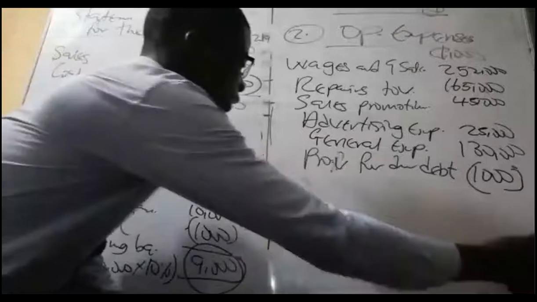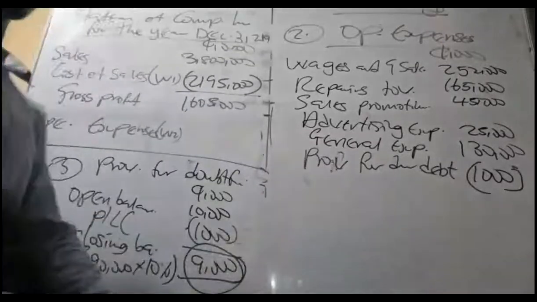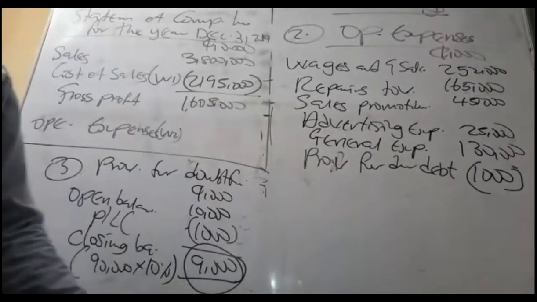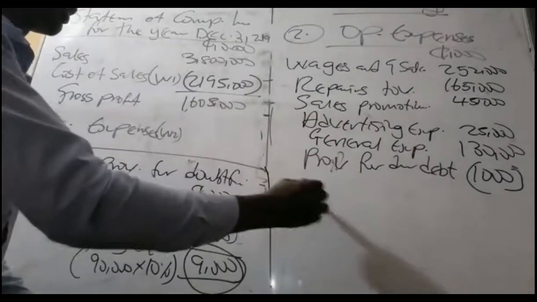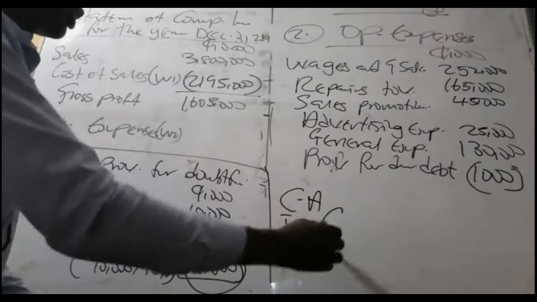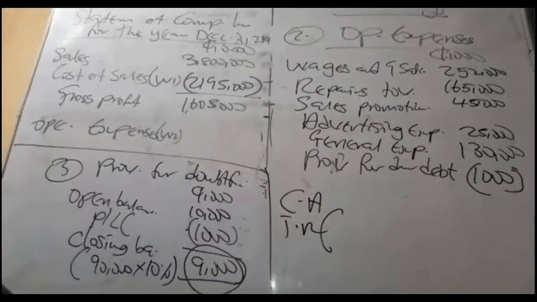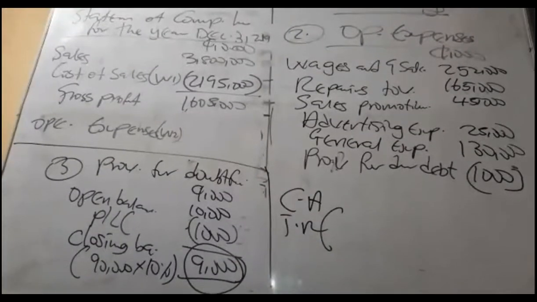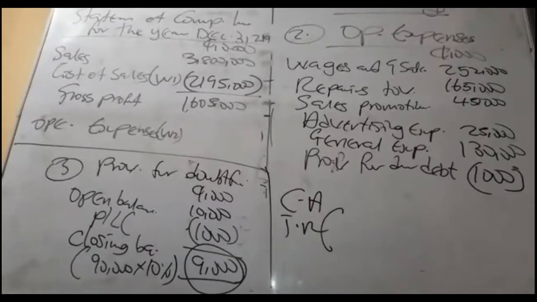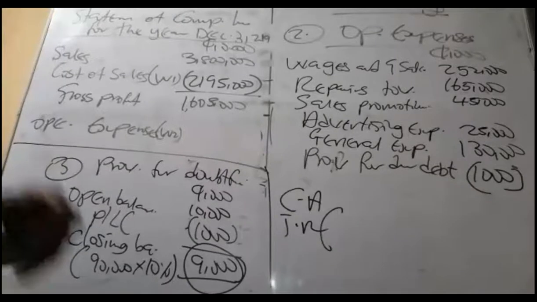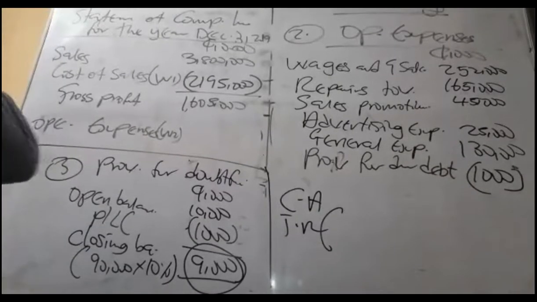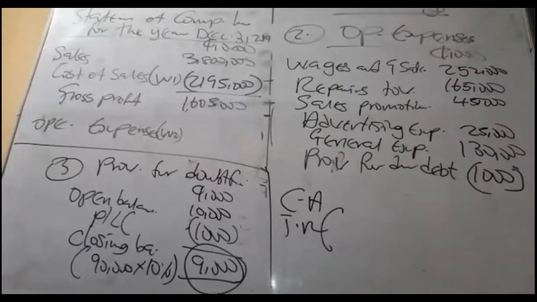There's a question here for us to recalculate the trade receivable again. Go to the current asset, trade receivable. Open a bracket. What's the receivable figure? Always subtract the closing balance from the receivable figure so you can know the actual receivable yet to be received.